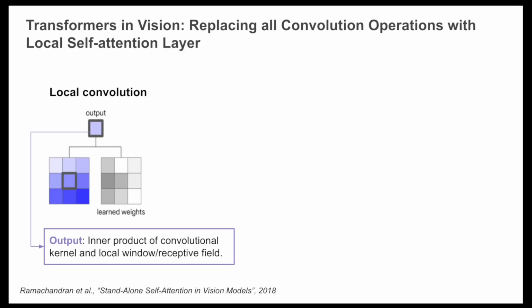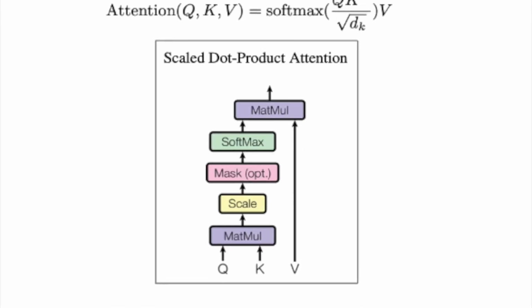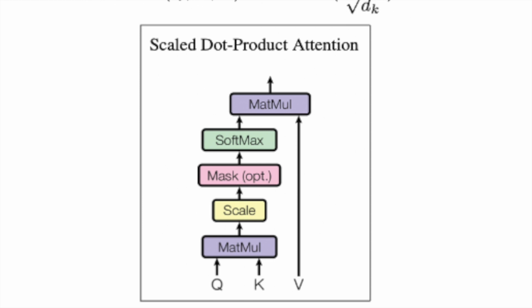So let's look at the first option, replacing all convolutional operations with local self-attention layers. This was introduced in the paper Stand-Alone Self-Attention in Vision Models in 2019. Normally in local convolution, the output for each local window is the inner product of the convolutional kernel and the local window, or receptive field.